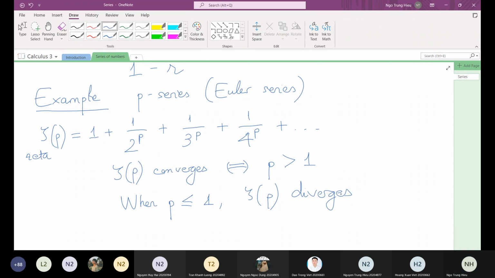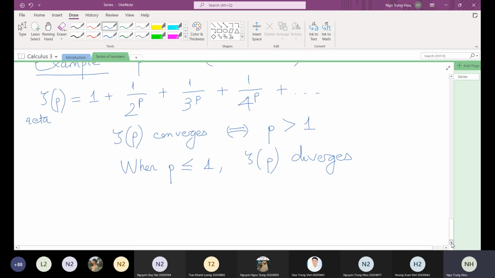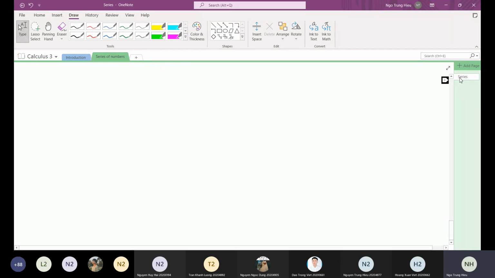So until now we have learned the geometric series. Now we can see more clearly. Remember, before that we have the series 1 plus 1 half plus 1 fourth plus 1 eighth. We want to see whether the series converges or not, right?